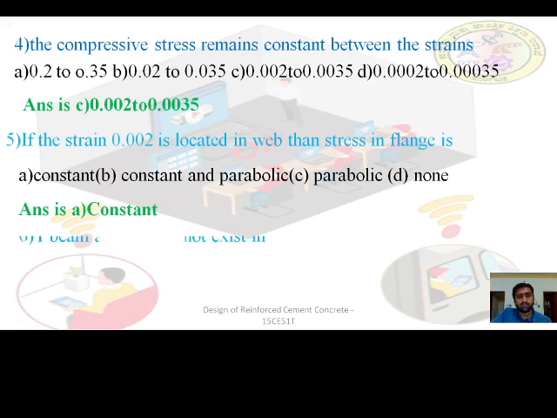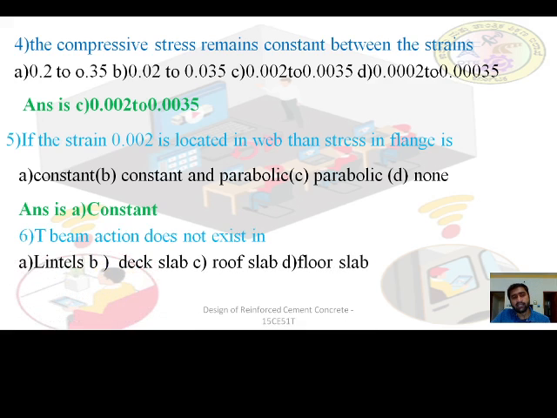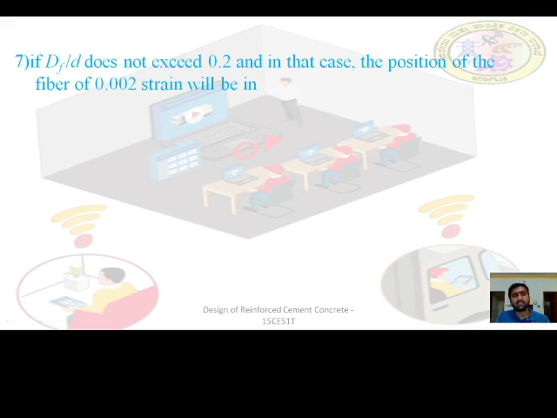Next question. T-beam action does not exist in lintel, deck slab, roof slab, floor slab. See, deck slab also is cast along with the beam. Roof slab is also cast along with the beam. Floor slab too. Wherever the openings are there, we are going to provide lintels. There is no slab connection. So in lintels, T-beam action does not exist.